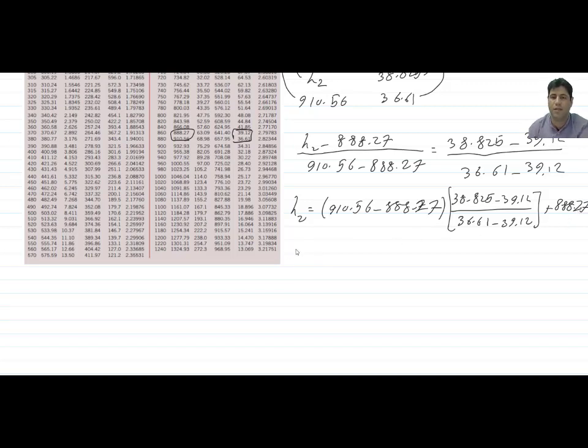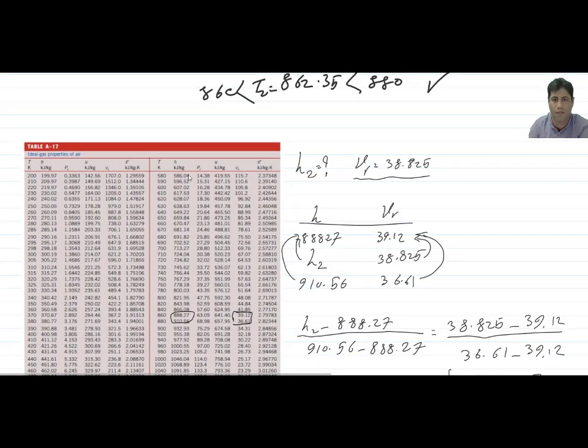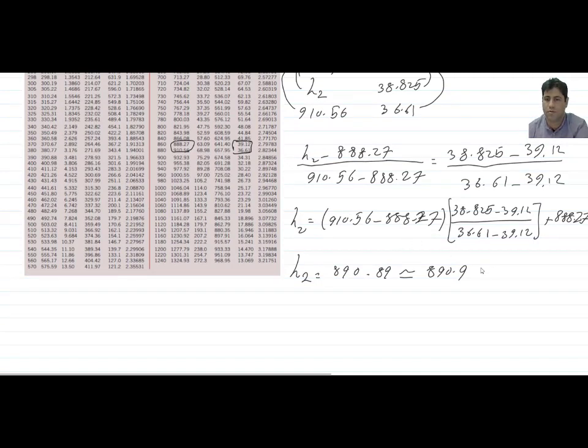So if you solve this, H2 will be equal to 890.89, or 890.9. What about the unit? The unit which you find for H is the unit you have in the table, which is kilojoule per kilogram. So the H2 which you find here is in kilojoule per kilogram. So by this you can also find H2.